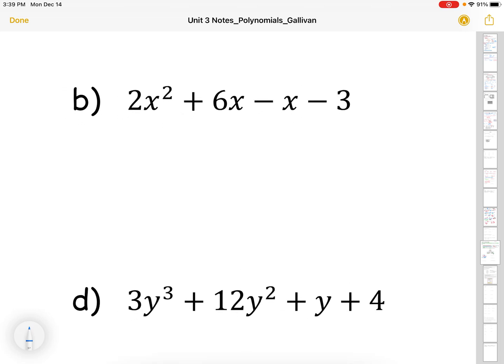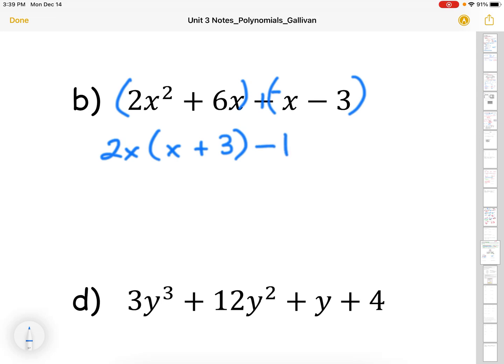Let's do some more. All right, here. So brackets around, and I'm going to change this to plus a negative x. There's a reason for it. Okay. So here, 2x squared plus 6x. I'm going to factor out a 2x. I'm going to get x plus 3. And here, negative x minus 3.